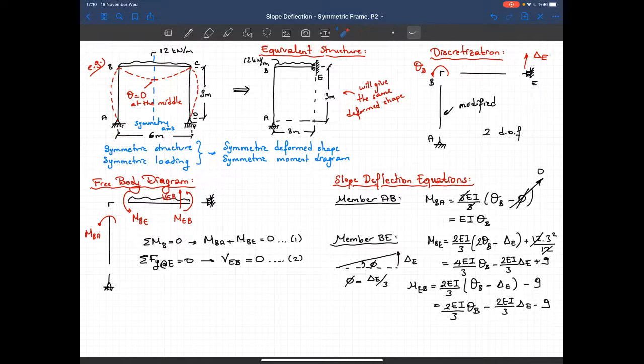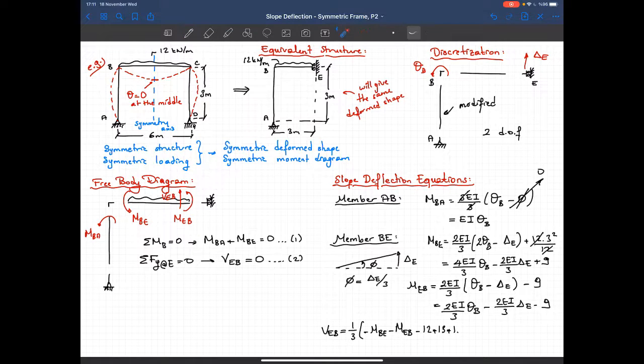I also need to calculate what VEB is. In order to do that, I'm taking moment with respect to point B. So VEB times 3 plus MBE plus MEB minus the moment due to the distributed load should be equal to 0. Then VEB is equal to 1 over 3 (minus MBE minus MEB minus 12 times 3 times 1.5).